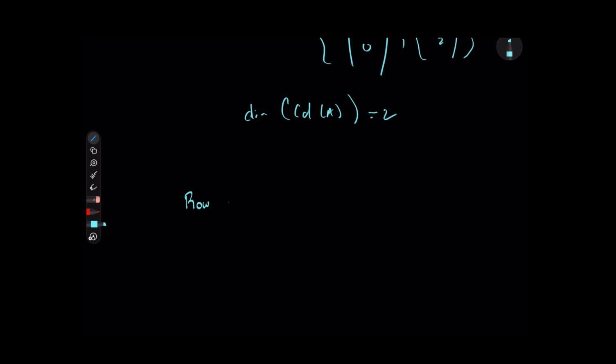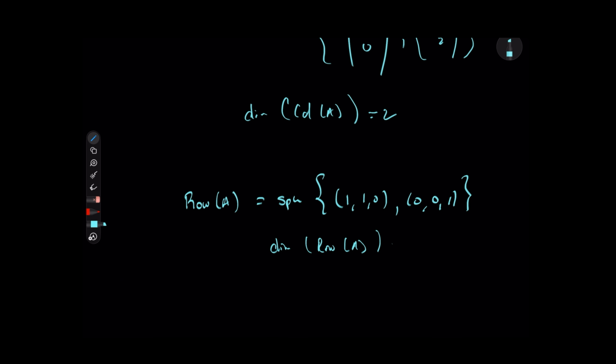So the row space of A will be the span of 1, 1, 0 and 0, 0, 1. And the dimension of the row space would be equal to 2.